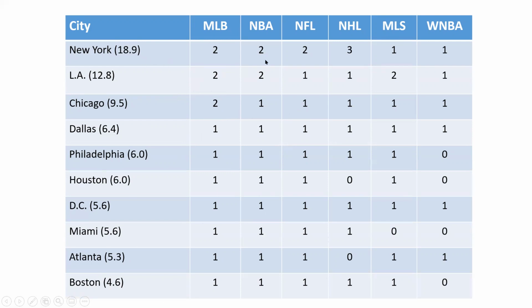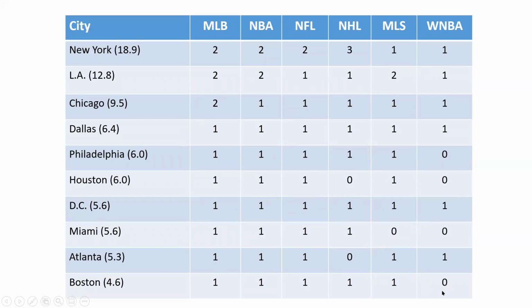You see the larger the city, the more teams, and sometimes even multiple teams in the same league. Then as we move down the list, we start to see some of these choose not to have, or don't have, teams in certain leagues.